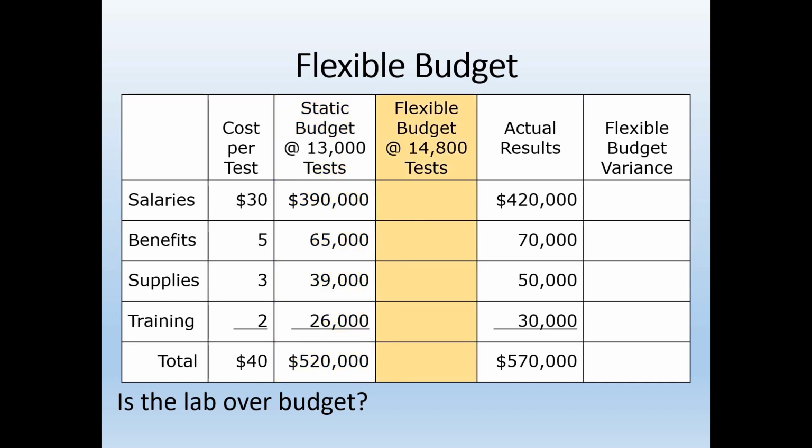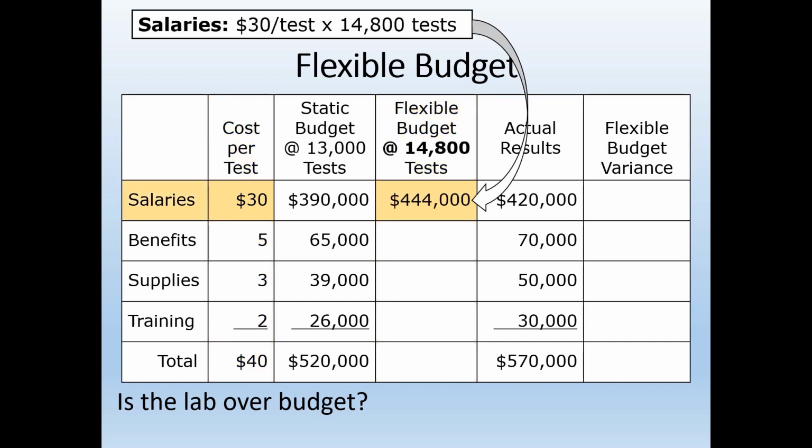That means that we can compute a flexible budget at the actual level of activity, 14,800 tests, in the same way by multiplying the cost per test times the actual level of activity.